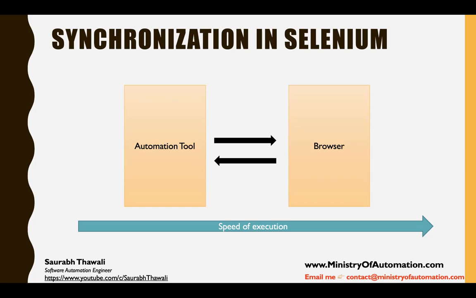So there has to be some mechanism which will make sure the tool and the browser are in sync, and whatever request and response is happening between both of them is in sync. So that is the reason why we need synchronization.